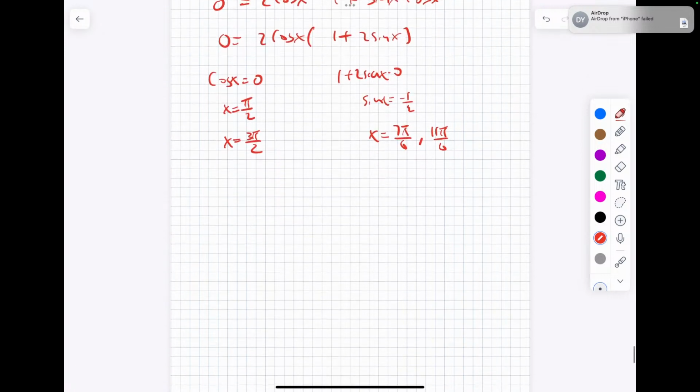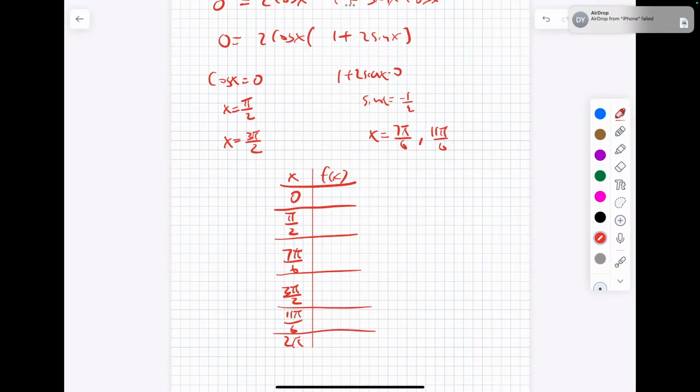You have to do a t-chart on all the values. I'm going to give you all the values just in case. 0 and 2 pi, and pi over 2, 7 pi over 6, 3 pi over 2, 11 pi over 6.